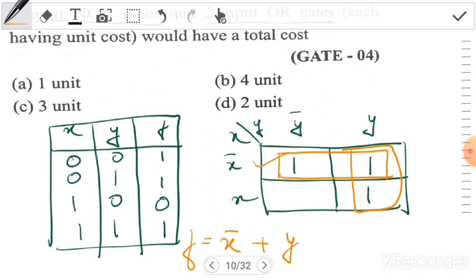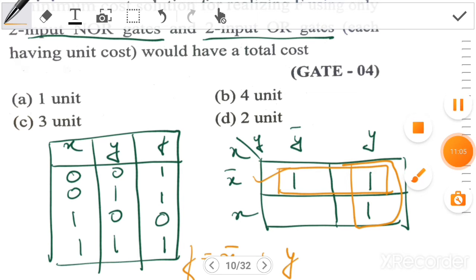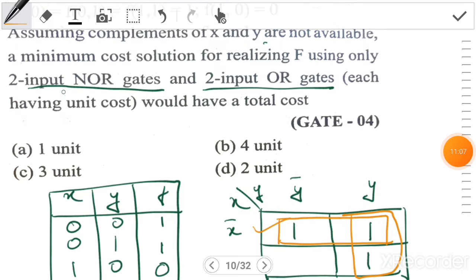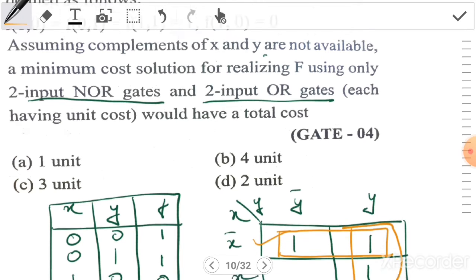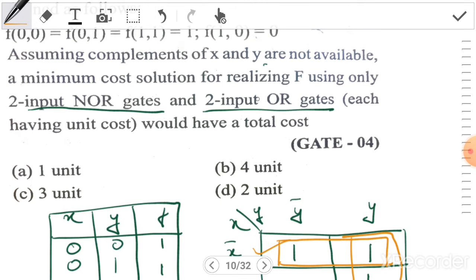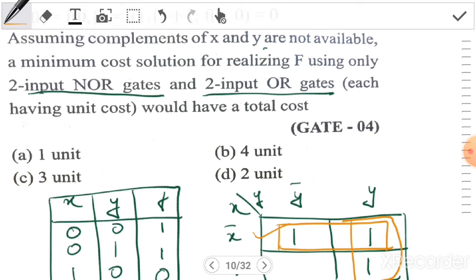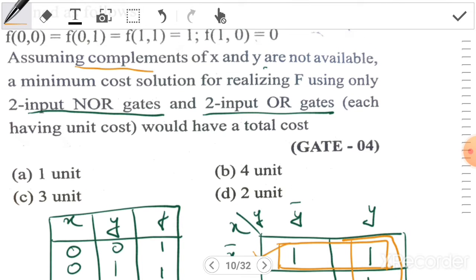Now we have to use 2 input NOR gates and 2 input OR gates. So condition given as variables are available only in uncomplemented form. Complements of x, y are not available.